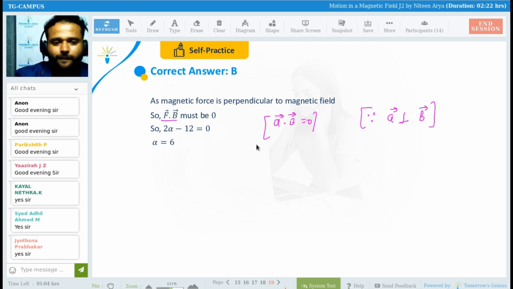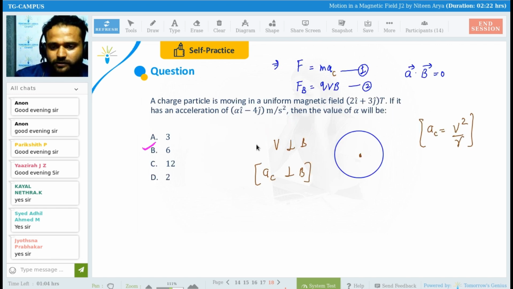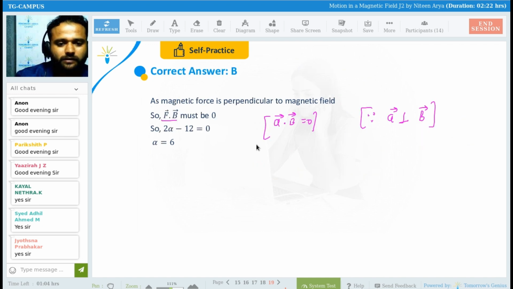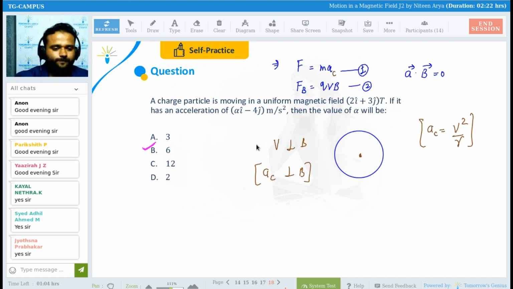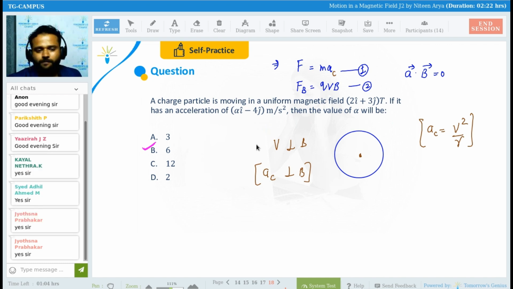Is this clear, everyone? So when you do the dot product, i into i, 2 alpha minus 4 into 3, 12, and simply you can find this. Is this clear? Tell me please, concept-wise I'm asking. Calculation is very easy. Clear now? That is why the correct answer for the value of alpha is B.